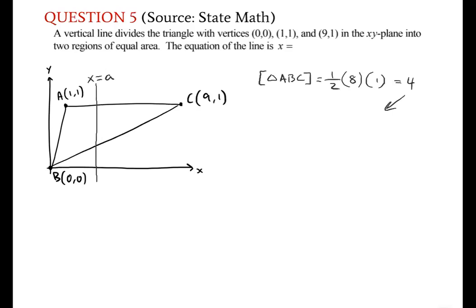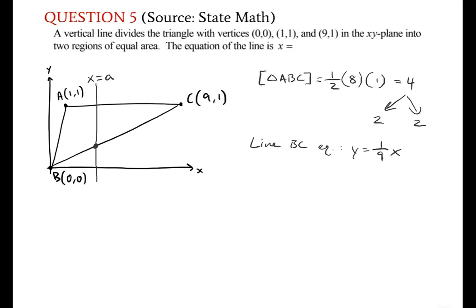And so basically, this line will split the triangle into areas of 2. So the line BC has an equation of y is equal to 1/9 x, since the slope is just 1/9, and the y-intercept is 0.